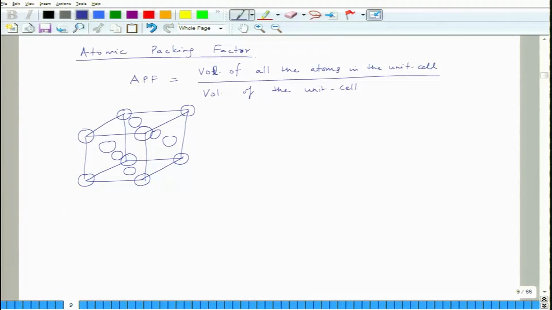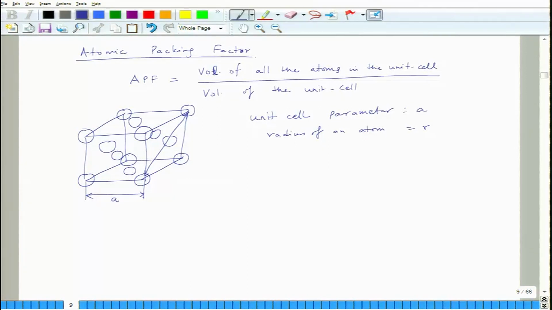Now in case of FCC, let us say the unit cell parameter is A. Radius of an atom is R. I can see that the atoms touch along the faces.